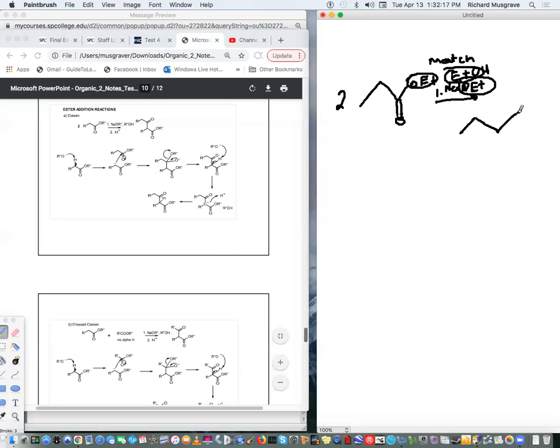So the product of this process is going to end up being this. I'll show you how the pattern goes just for kicks, so you can know how to do this without using the mechanism.